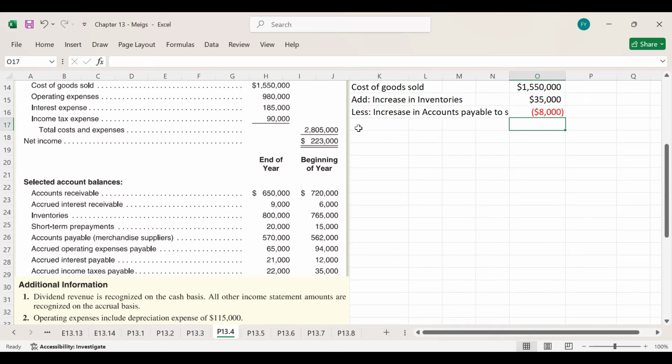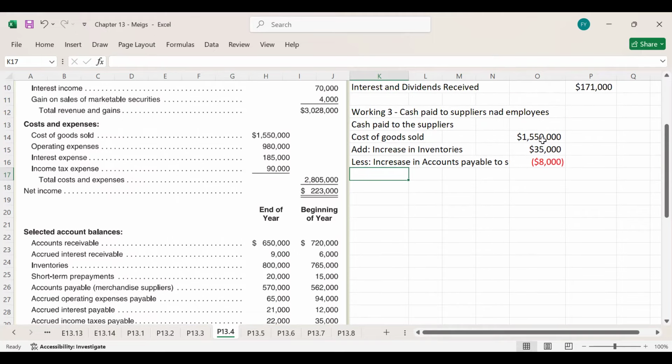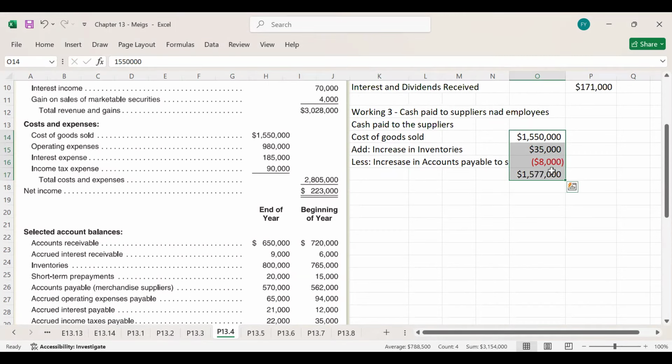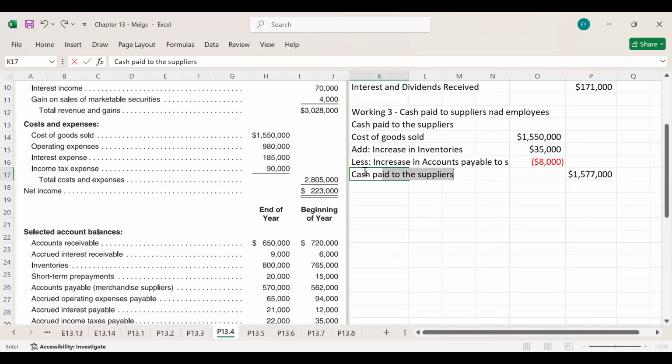The next is when we add or subtract all these things, we get cash paid to the suppliers, which is $1.577 million.